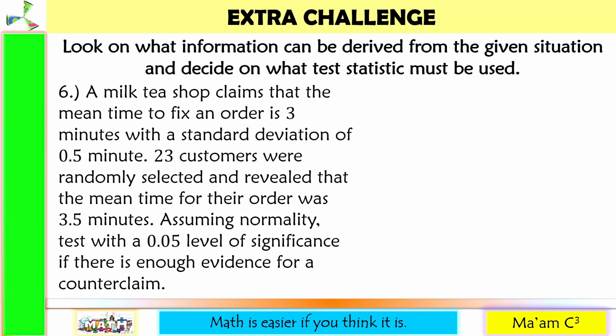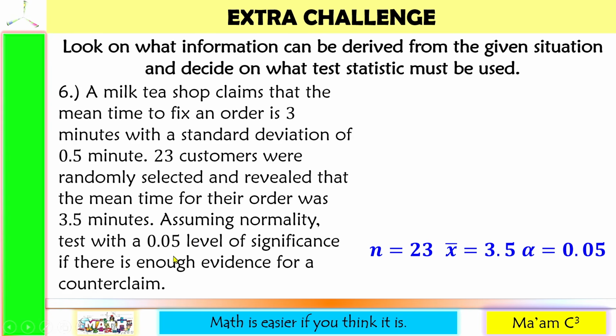So let me look first for the sample size. 23 customers were randomly selected. So this is my sample size. N is equal to 23. And revealed that their mean time for their order was 3.5 minutes. So this 3.5 is the sample mean, X bar. Next, we have here the level of significance, 0.05.